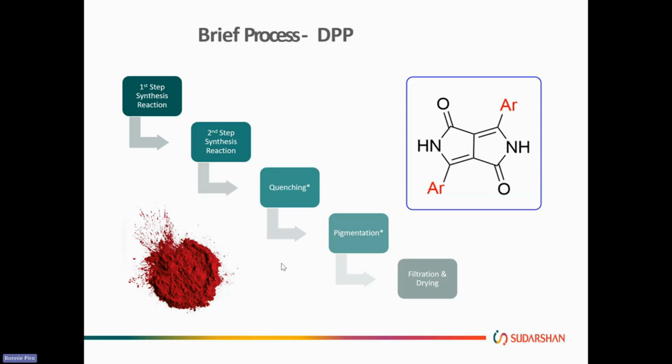But from a product perspective, the two main areas that are of great importance in creating each individual product and grade are how we handle the quenching process, which stops the actual crystal growth itself, as well as what we call the pigmentation step that creates that final product. So those are the two key steps within the process.